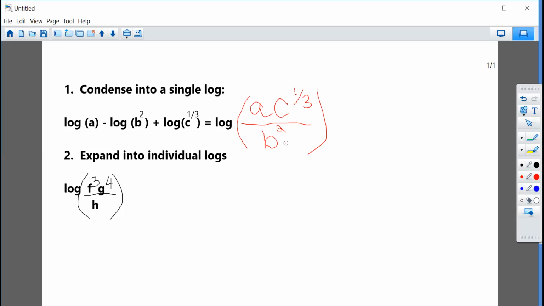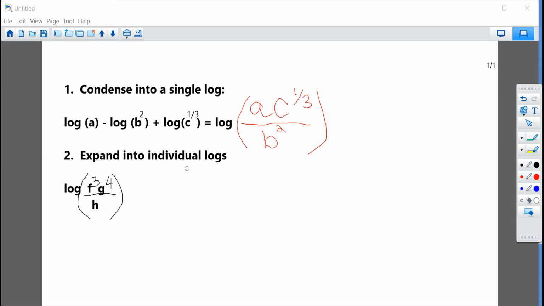All right, then on this second one, we are expanding this into individual logs, okay? We have the log of f to the third, g to the fourth, over h. So that's going to be 3 separate logs, okay?